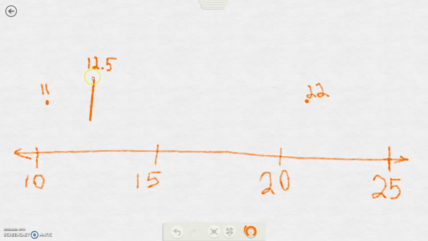Okay, so then we got to do our third quartile. Okay, so at 18.5, so right about here, we're going to do the same thing. Draw a line down, and then label it 18.5.